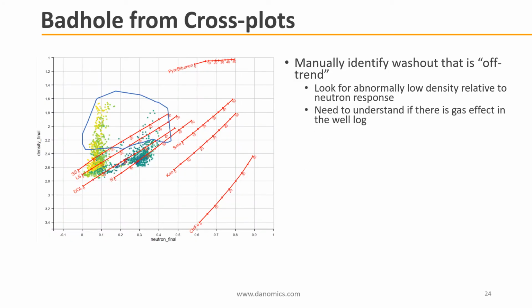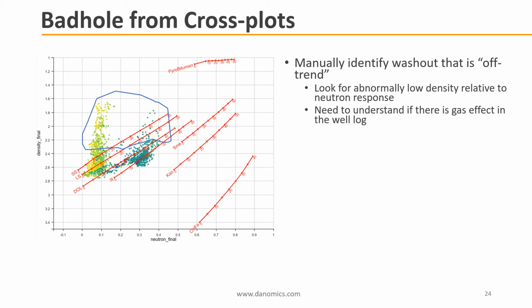I also mentioned that you can identify bad hole from crossplots. I will say that this works quite well when done on a single well, but when working with multiple wells, I find this to be more and more challenging. The idea is essentially that you want to highlight the data via some region that we believe is erroneous.